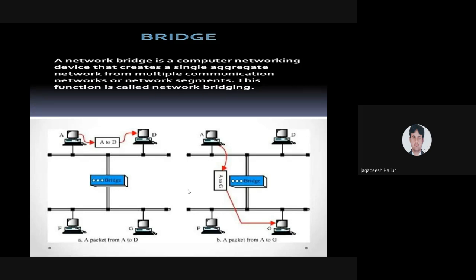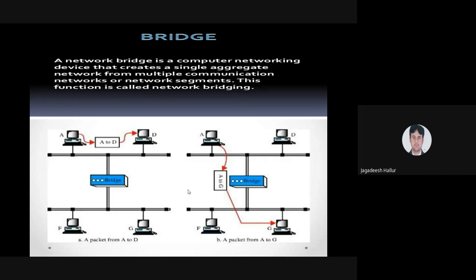At the initial stage, the message is broadcast to all the ports, all the computers, meaning the bridge does not maintain any table yet. Port number 1 has ABCD and port number 2 has EFGH, with their MAC addresses.